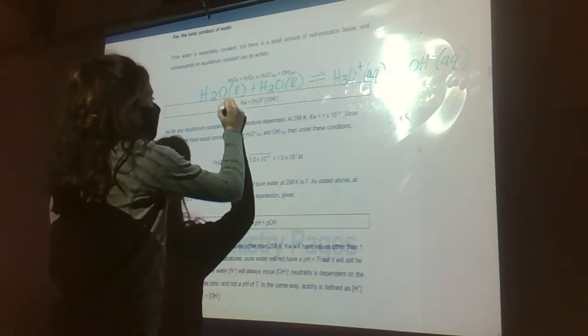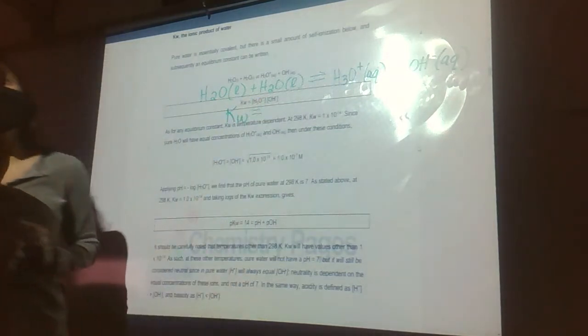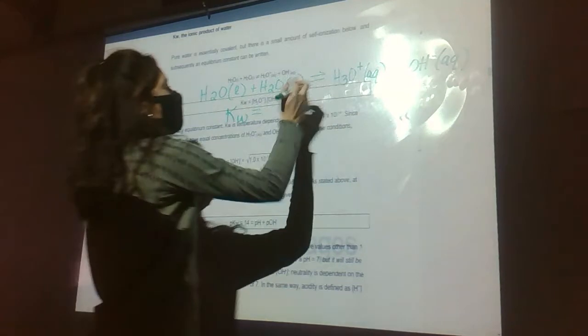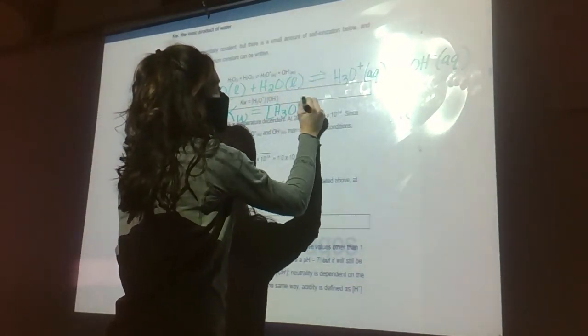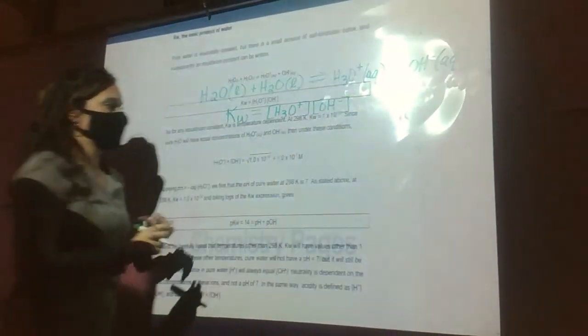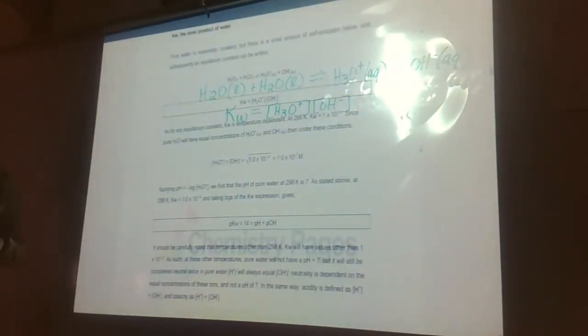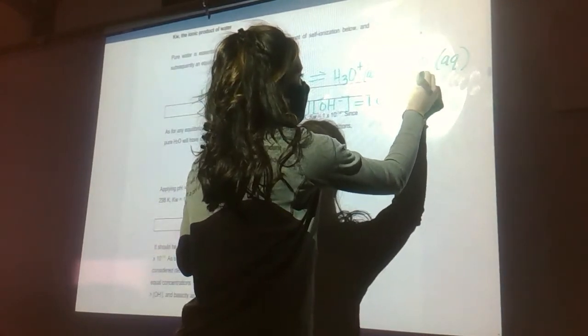So we have a new K. Kw for this reaction, the only reaction, is the concentration of hydronium times the concentration of hydroxide. And at room temperature, Kw equals 1 times 10 to the negative 14th.